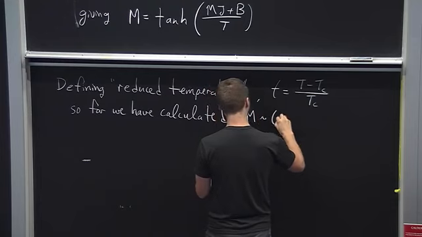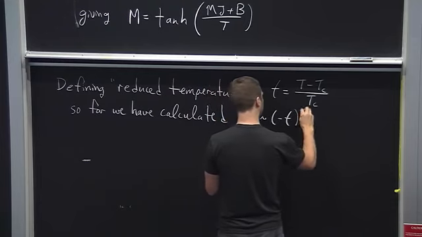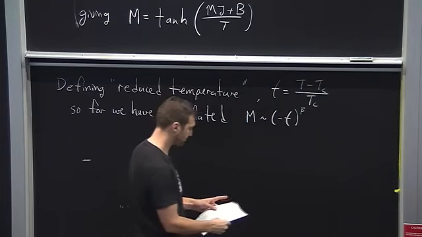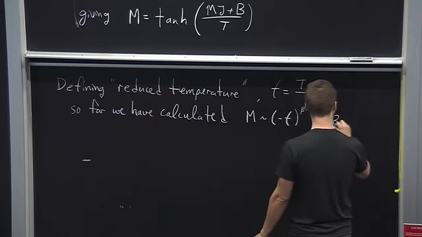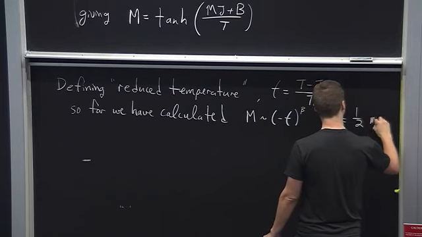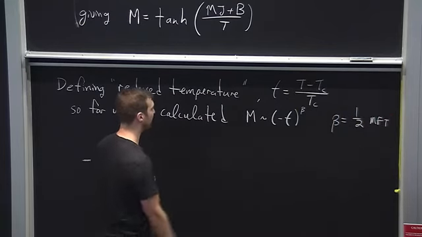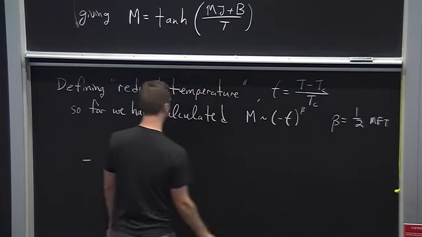So m goes as reduced temperature to some exponent beta, and the mean field value for beta was 1/2. Remember, just square root of T minus Tc.